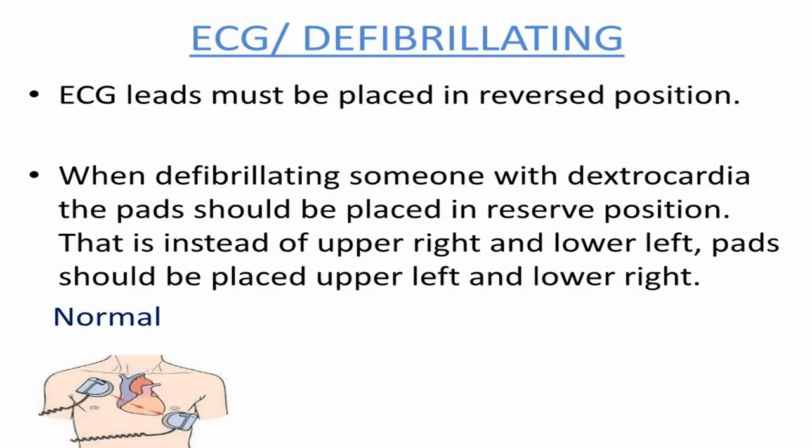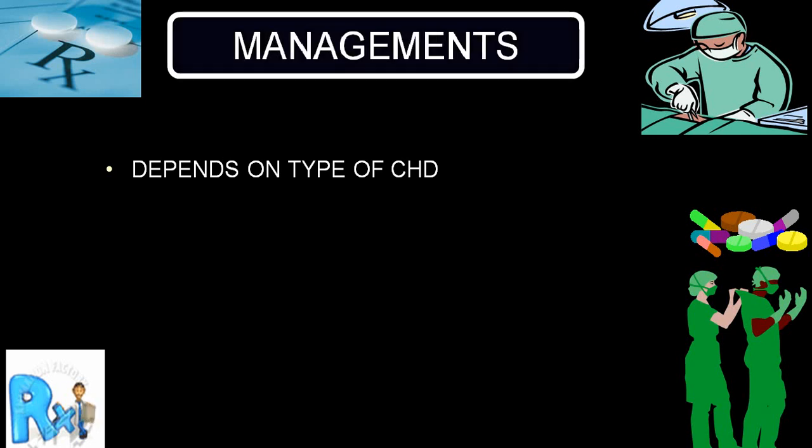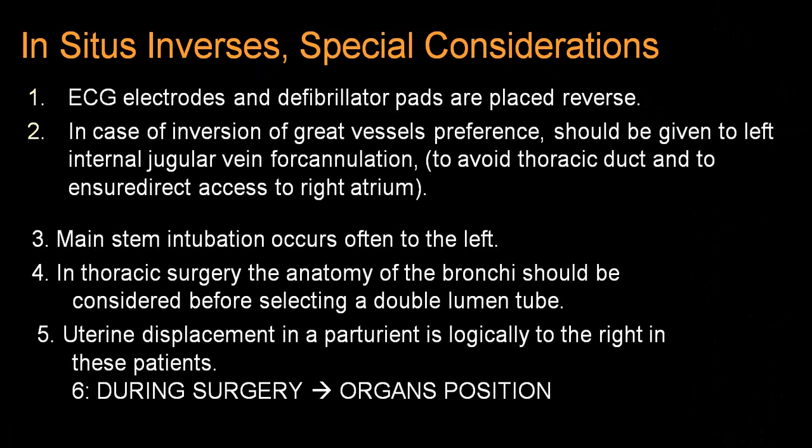Now this is important because if a person has dextrocardia, while giving defibrillation the pad position should be reversed so that you get better results. As far as management is concerned, if there is no congenital heart disease, you don't require any treatment. But depending upon the congenital heart disease, treatment will change. And an important part for a surgeon: if there is situs inversus, the organ position should be remembered and you should operate accordingly.